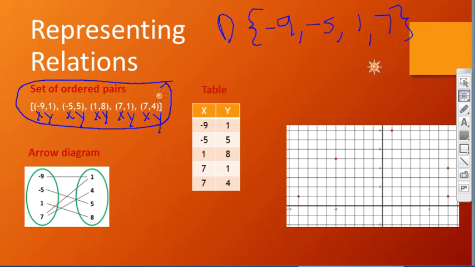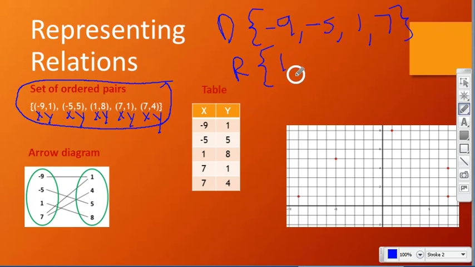So if we want to write the range as a set, the elements of that set would be 1, 5, 8, 1 again, and 4. Okay, so this is the domain and range of this set of ordered pairs. Remember, domain is the x values, the range is the y values. So that's one way to represent a relation, a set of ordered pairs.